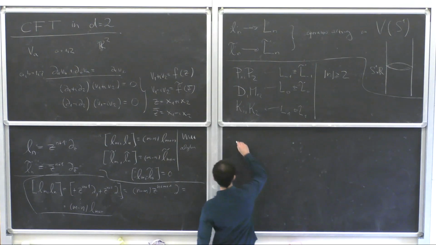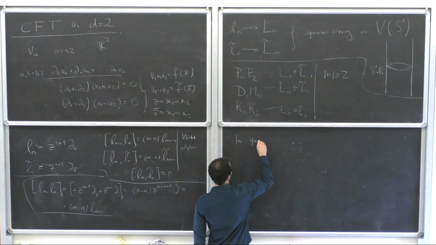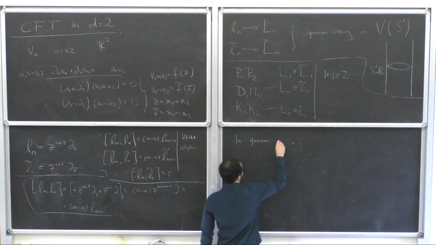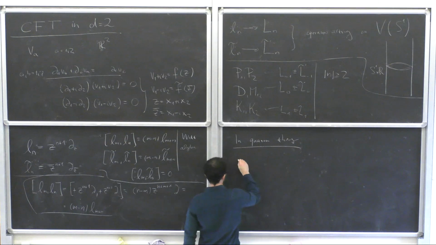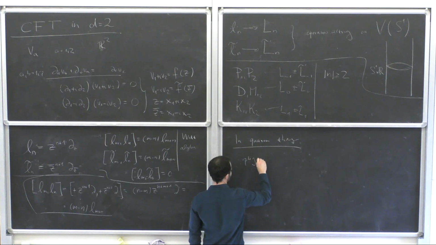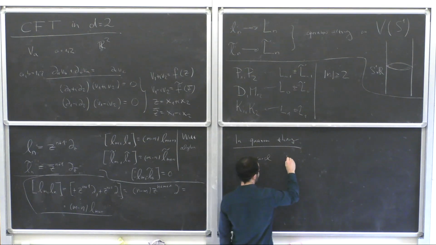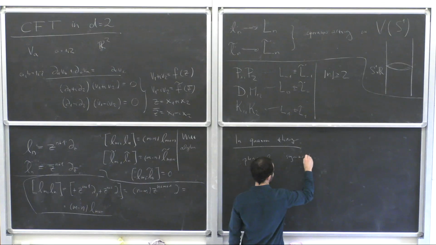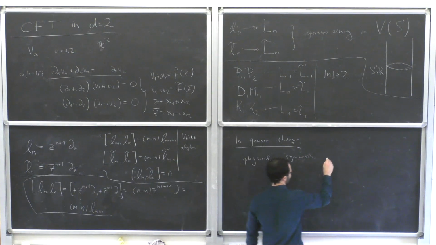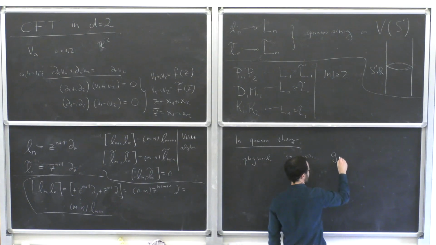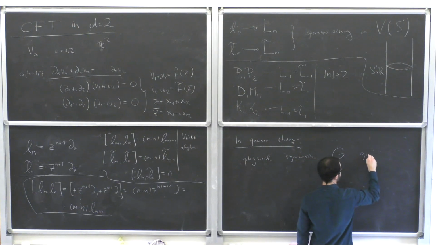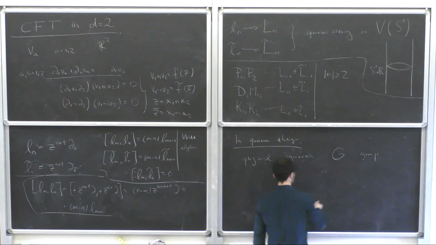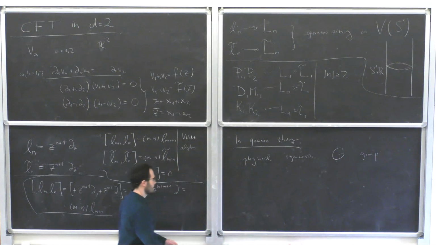Right, so in quantum theory, suppose we have some physical symmetries which are represented by a group. So we have a group G, and its elements satisfy some multiplication law.